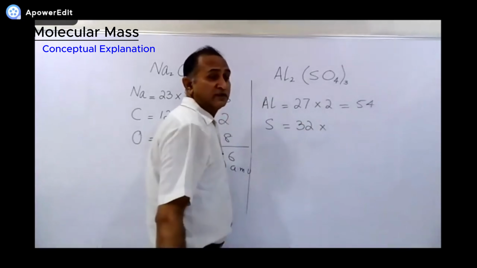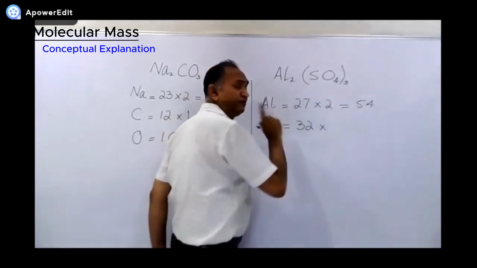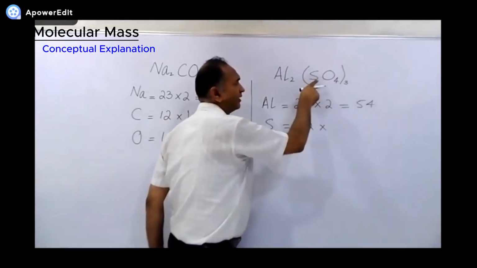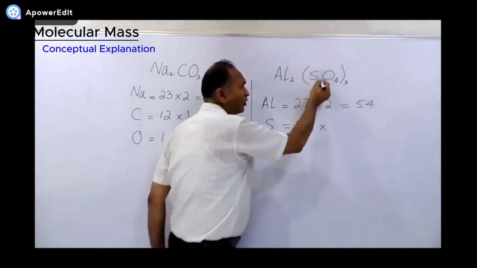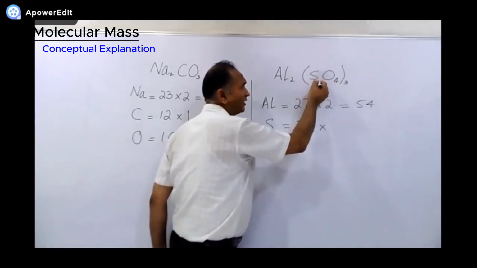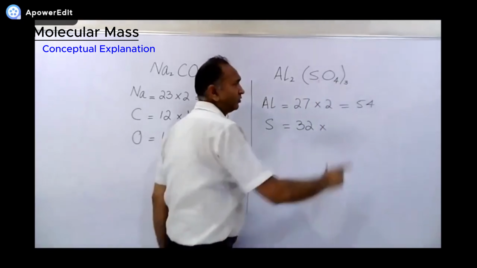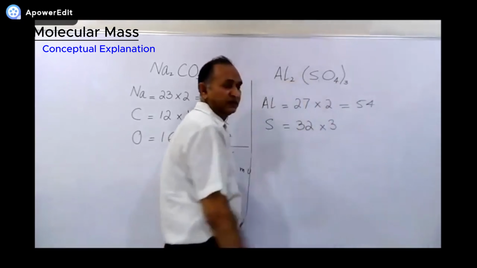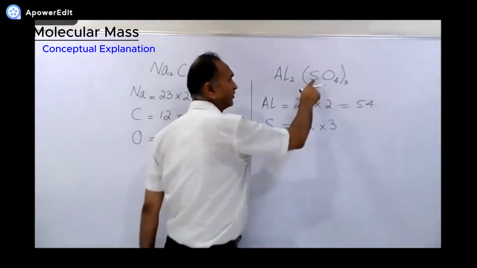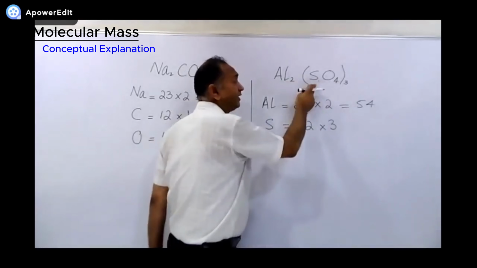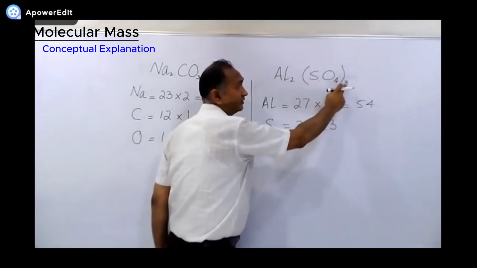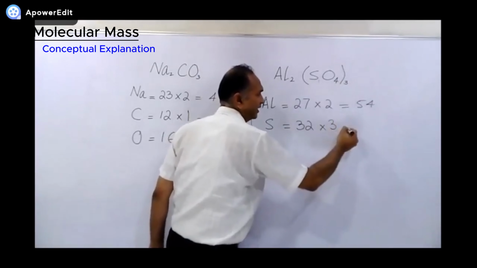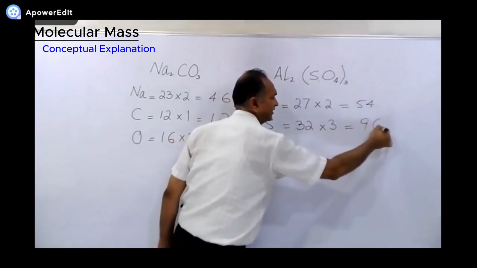Here comes the point. The subscript which is written after the bracket will be multiplied by the number over here. What is the subscript for sulfur? 1. So 3 1s are 3. How many sulfurs? It's not just 1; there's a 3 written outside the bracket, so it would be multiplied. 3 1s are 3. 96.